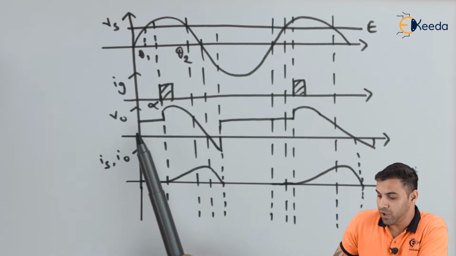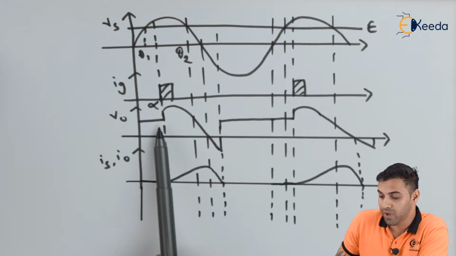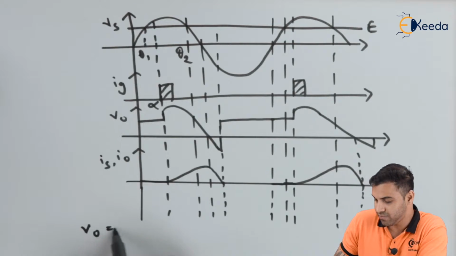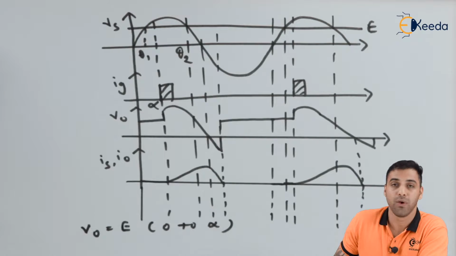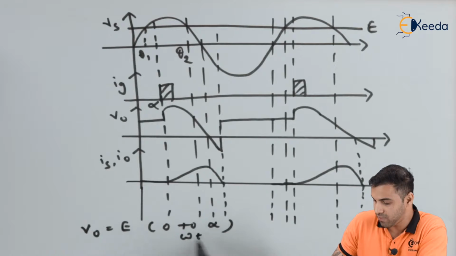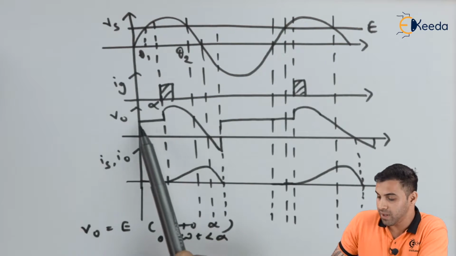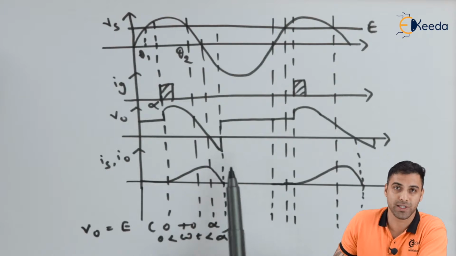Now we will not be getting any output voltage from the source, but initially the output voltage will be equal to E whenever omega t varies from 0 to alpha. So we will be getting a voltage E initially, then the same waveform follows as we discussed earlier.